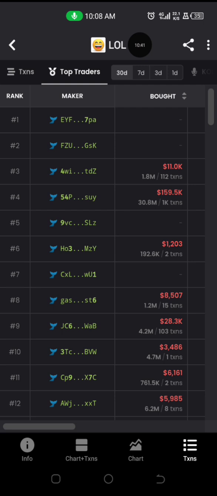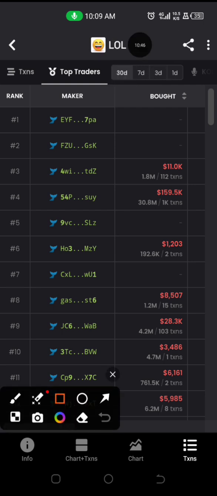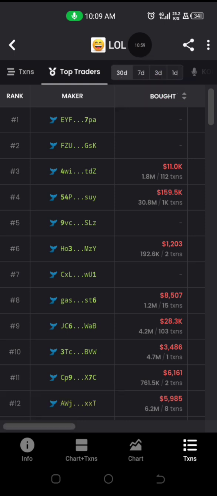Look at the time frame here. We selected a 30 days time frame. In some cases, it could be the person did not buy in that time frame you selected, so it's going to be blank.